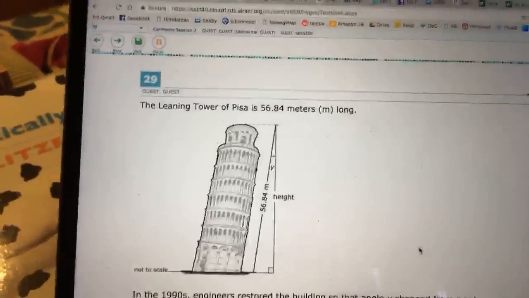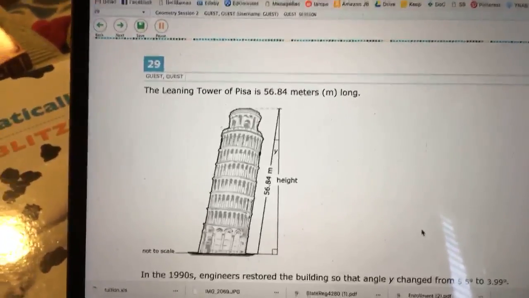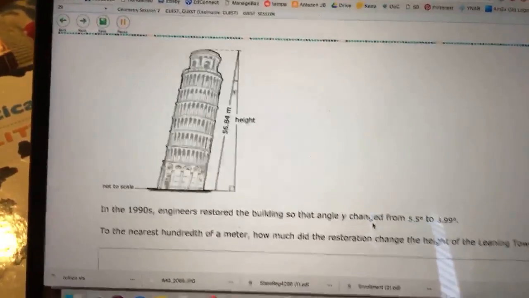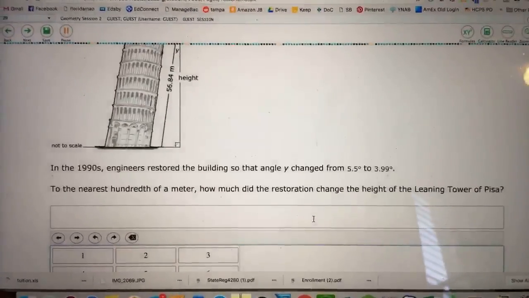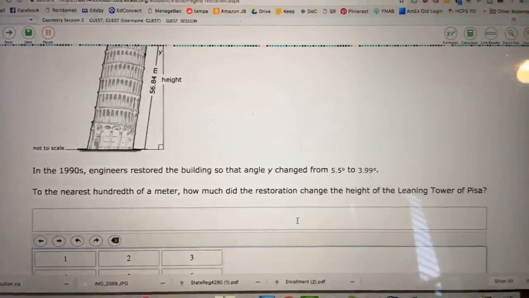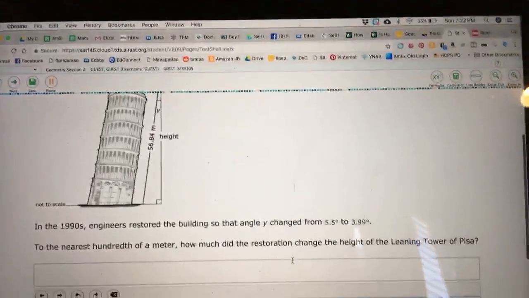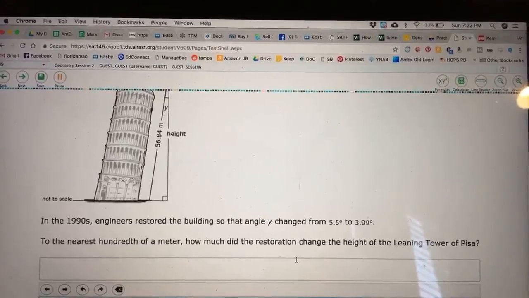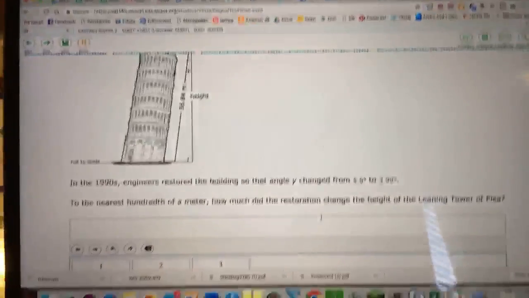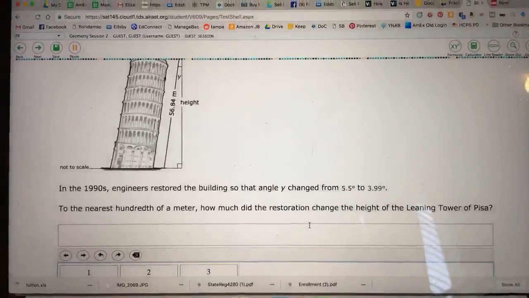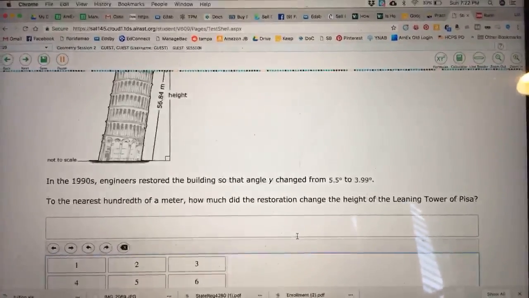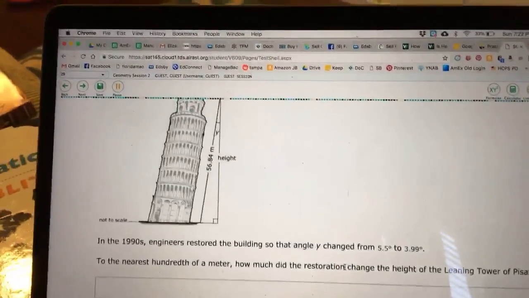All right, so the Leaning Tower of Pisa is 56.84 meters long. In the 1990s, engineers restored the building so that angle Y changed from 5.5 degrees to 3.99 degrees. To the nearest hundredth of a meter, how much did the restoration change the height of the Leaning Tower of Pisa?